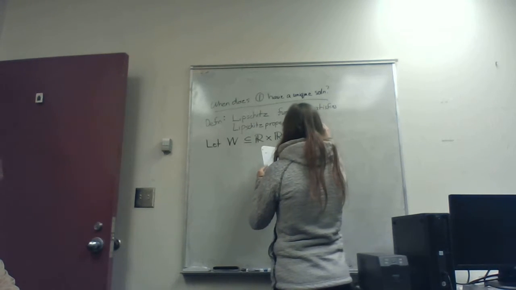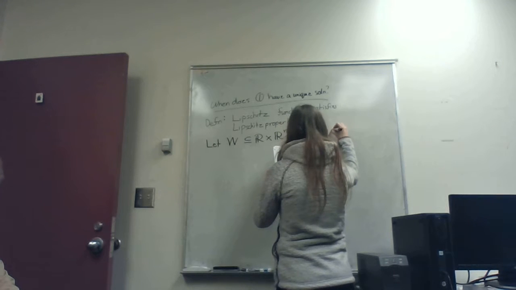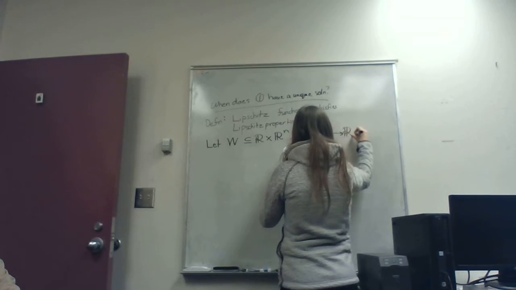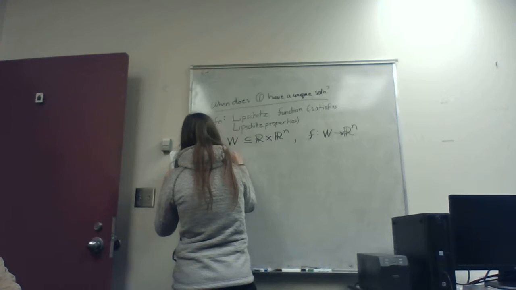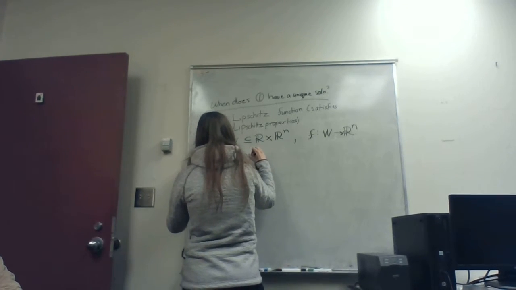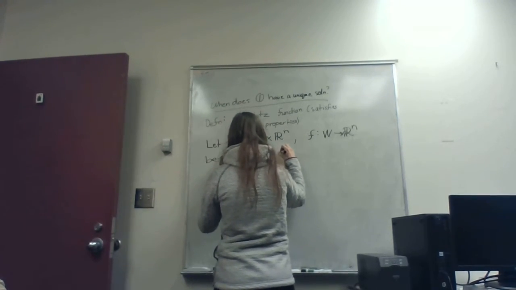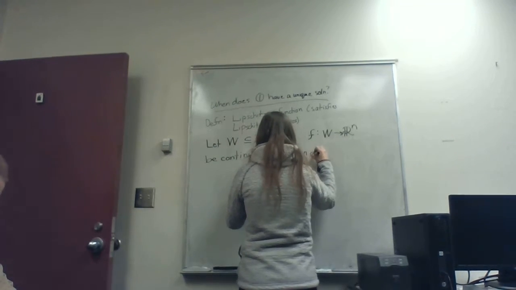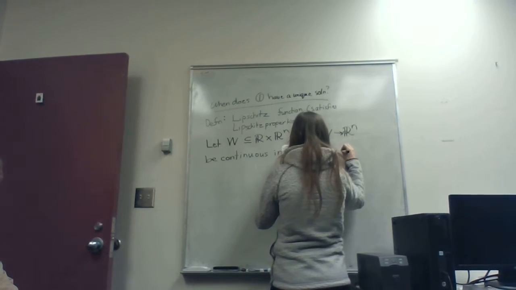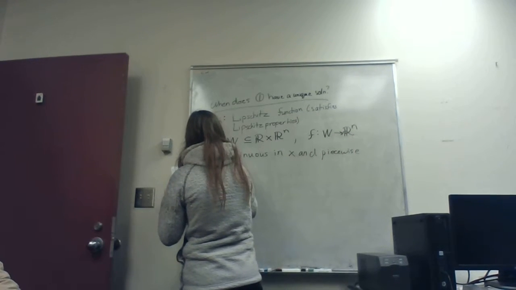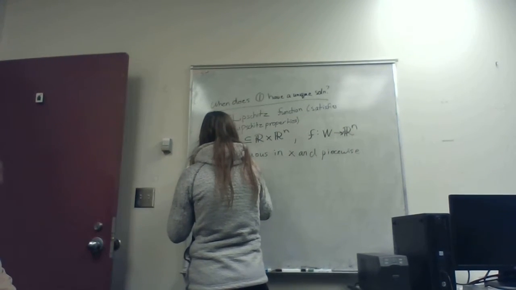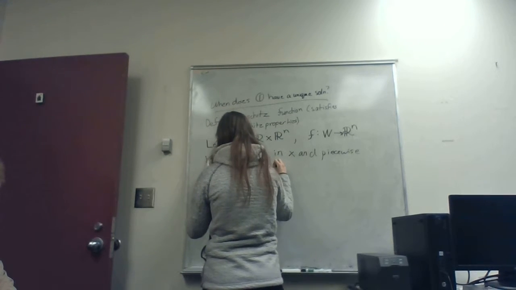So let this be true, then F mapping from W to R to the N is continuous in X and piecewise continuous in T.